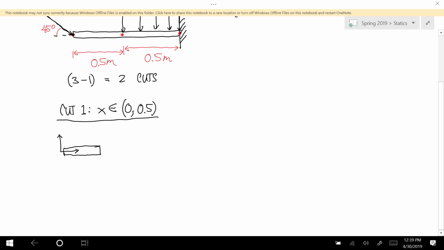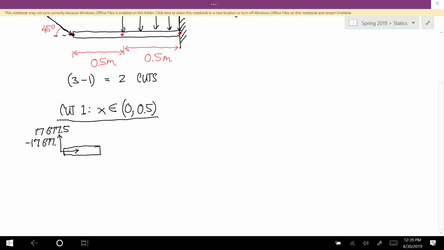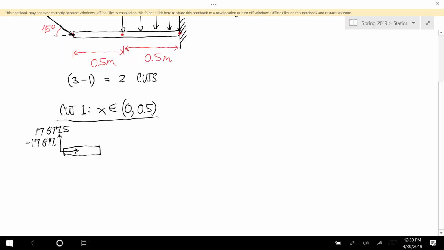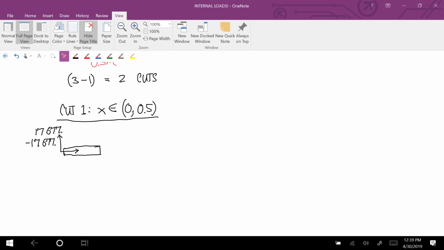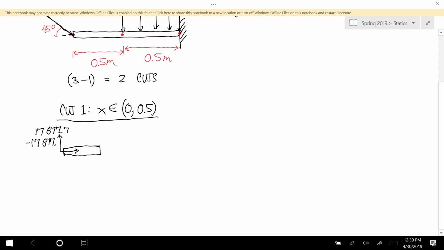It's like 17,000. What's 25,000 times 0.7? 17,677.7, and then negative of that. Okay, so that's the force vector.